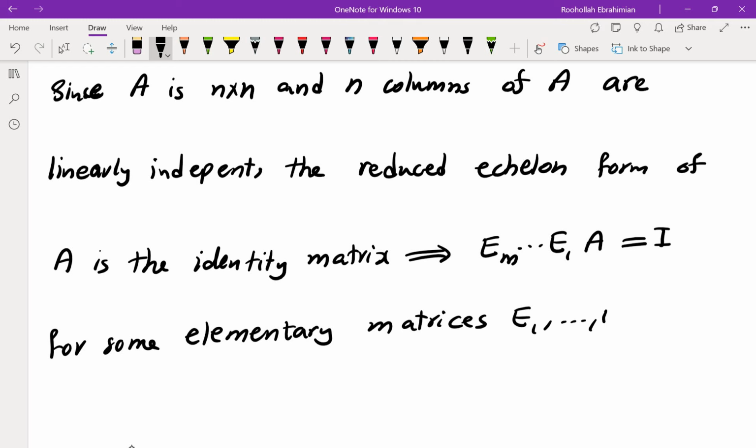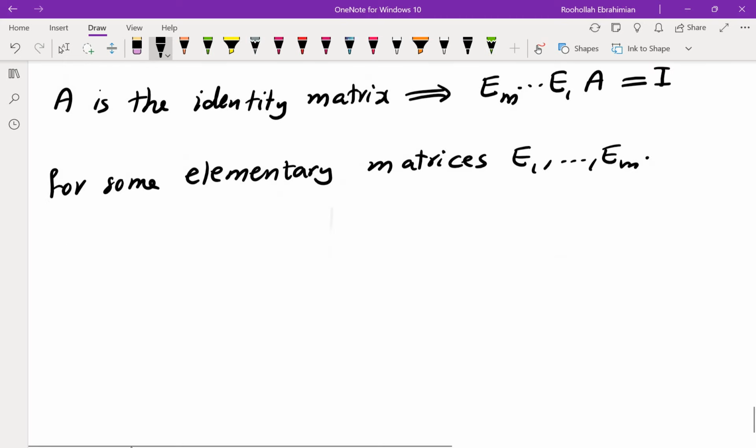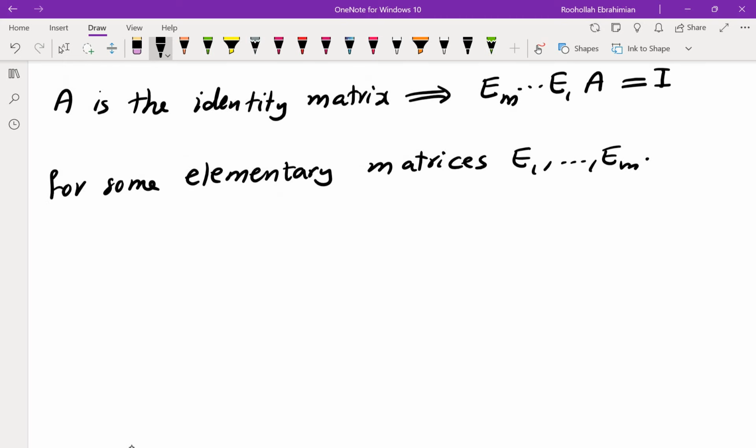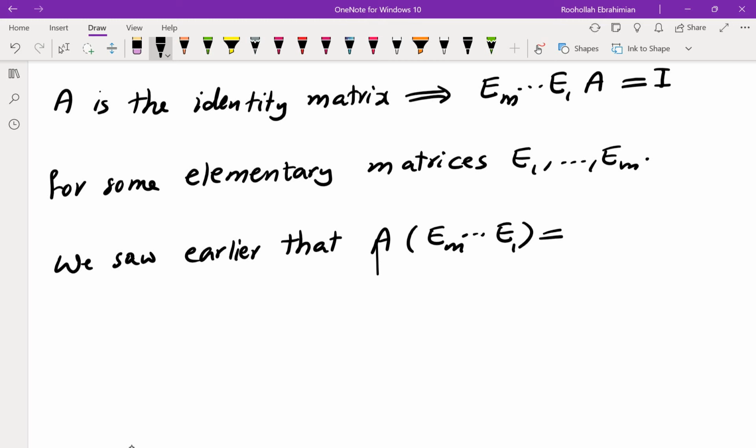We saw earlier that A times Em through E1 is also identity. Because I need to have both of them, that means A is invertible.